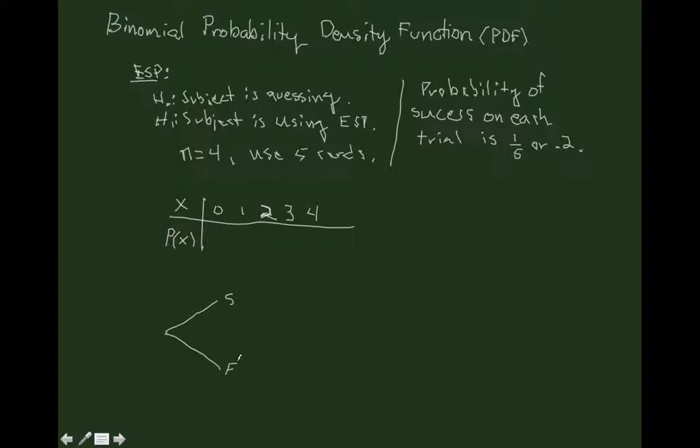So the first branch represents the first guess. Now this is again going to be a weighted tree. The probability of success is 0.2. The probability of failure is 0.8. So let me fill in the rest of the tree.